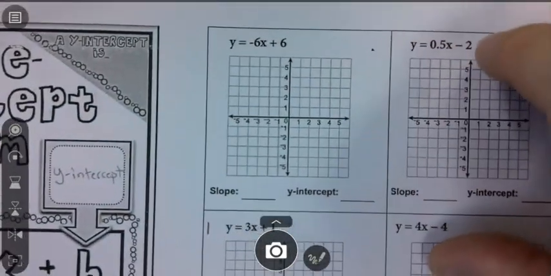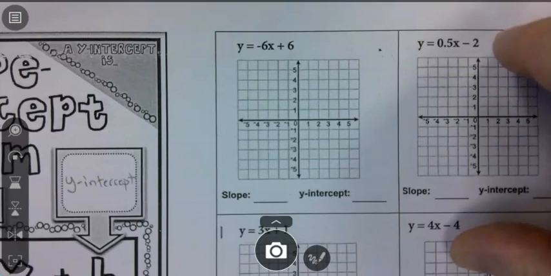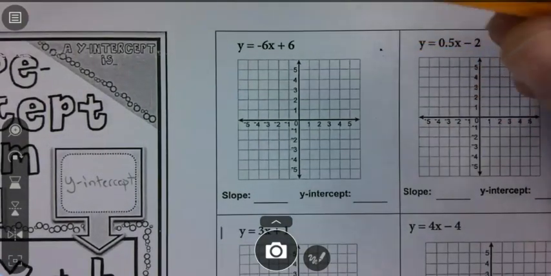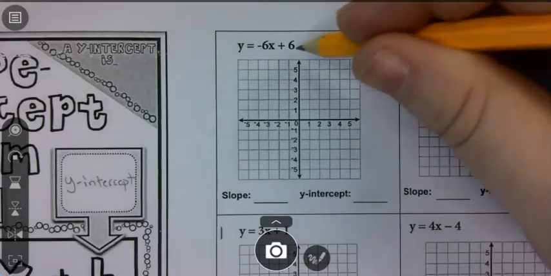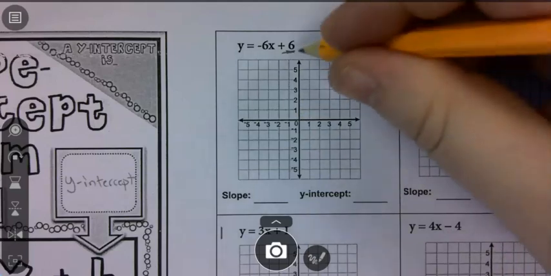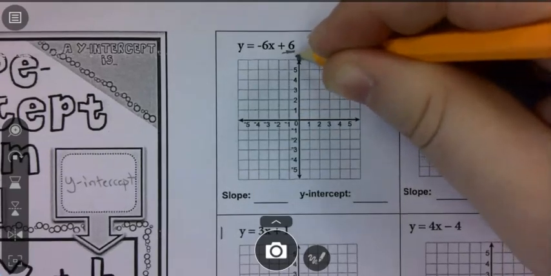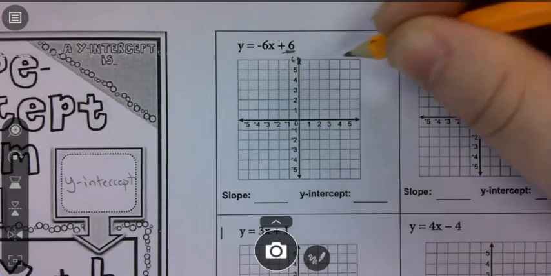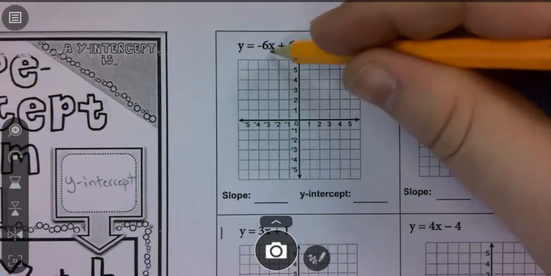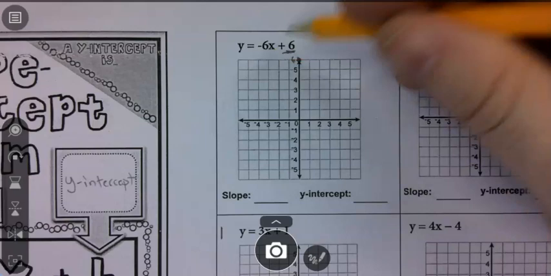Starting at the top, starting here at y is equal to negative 6x plus 6. Using our y-intercept, which is a positive 6, we're going to place our point right at the very top, which should be at positive 6. From there, we're going to use our slope, which is negative 6.